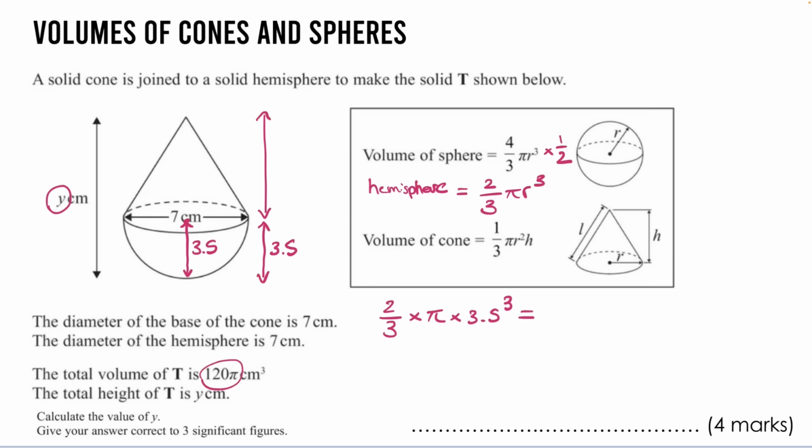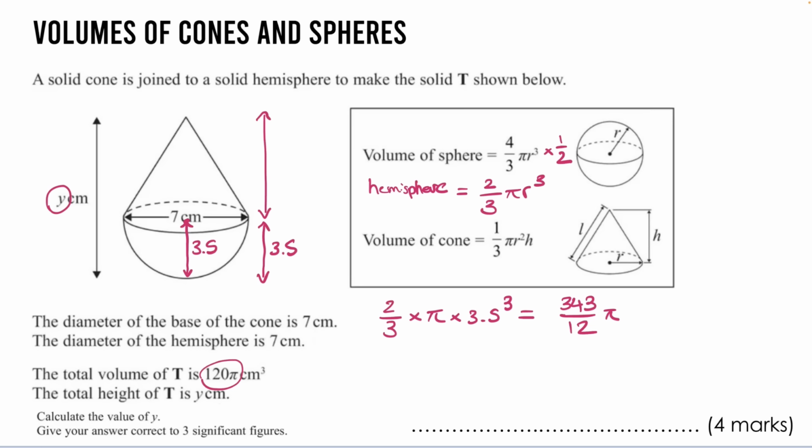That gives us a volume. It's not a particularly nice one. It comes out as 343 over 12 pi. So there we go. You could write the decimal version of that down if you wanted, but I'm going to leave it in terms of pi.